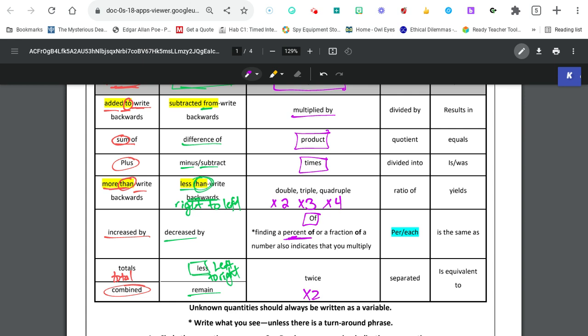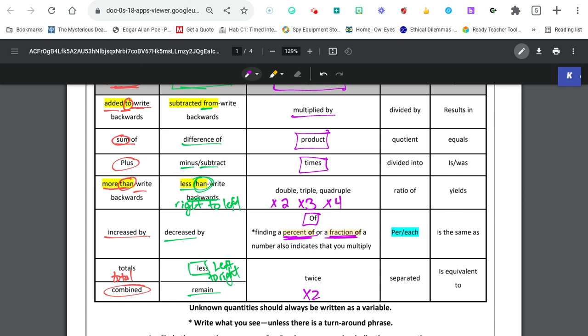So the keyword of means multiply if percent is attached to it or fraction is attached to it. So for of to mean multiply, you've got to have percent of or fraction of. And that indicates that you multiply.